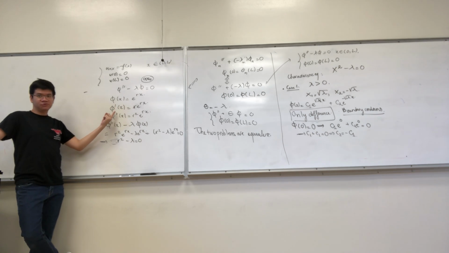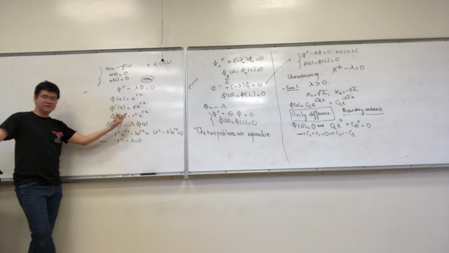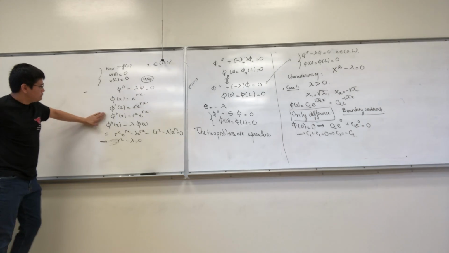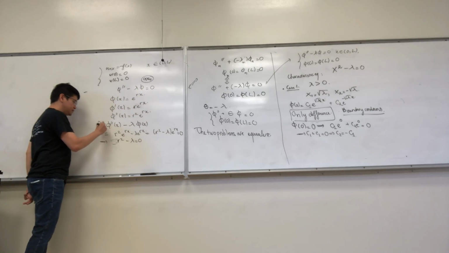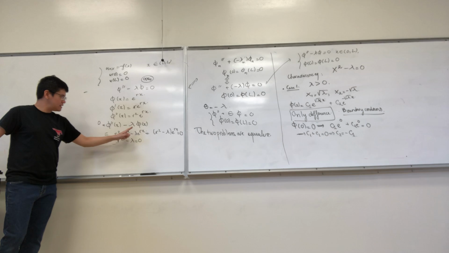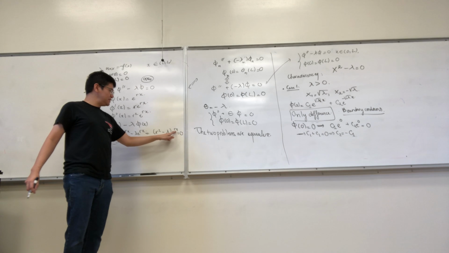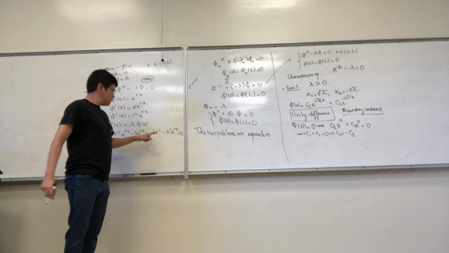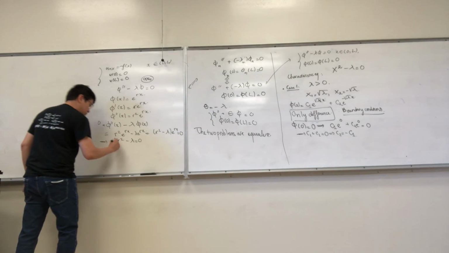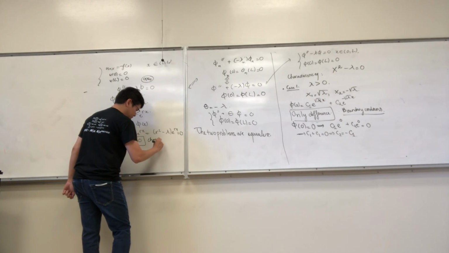You take the first derivative, it gives you r e to the rx. You take the second derivative, it gives you r squared e to the rx. Now you plug everything back into the equation phi second minus lambda phi is 0. So phi second is r squared e to the rx, and lambda phi is lambda e to the rx. You put e to the rx outside as a common factor, which means that you have r squared minus lambda is 0. This is basically the characteristic equation.